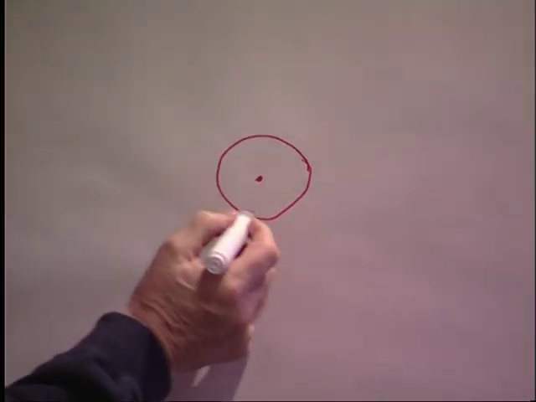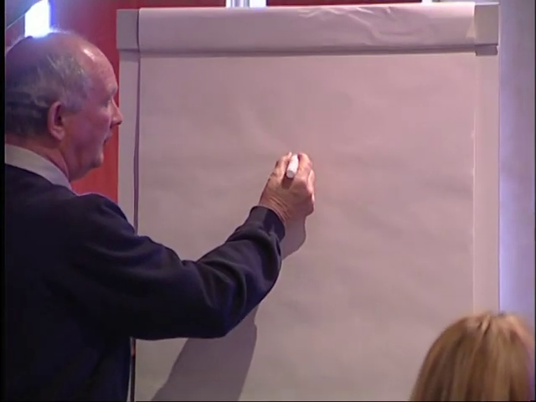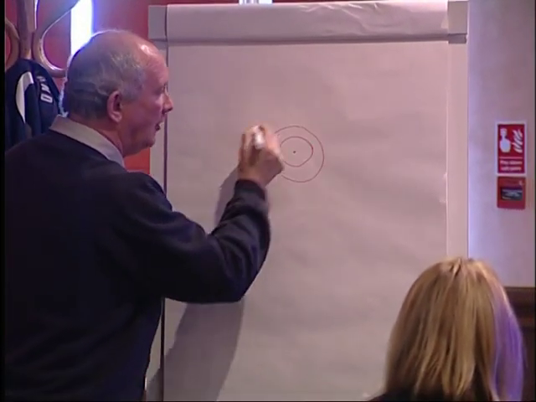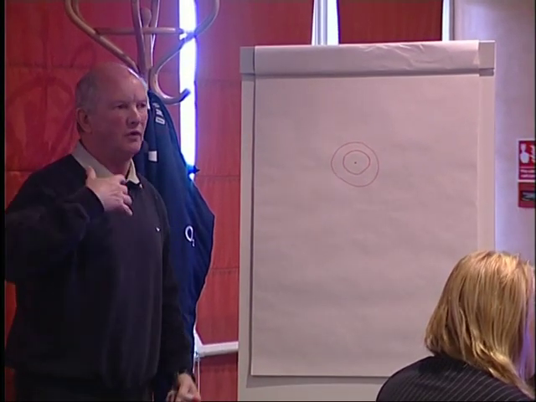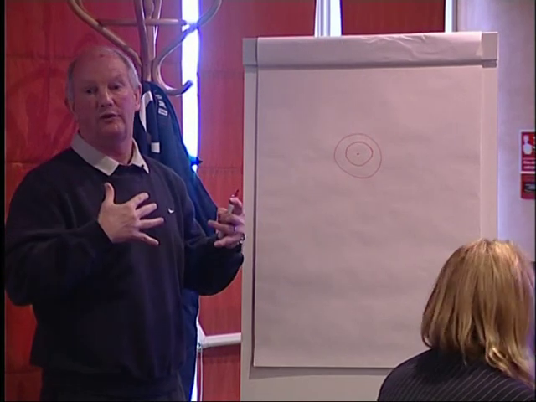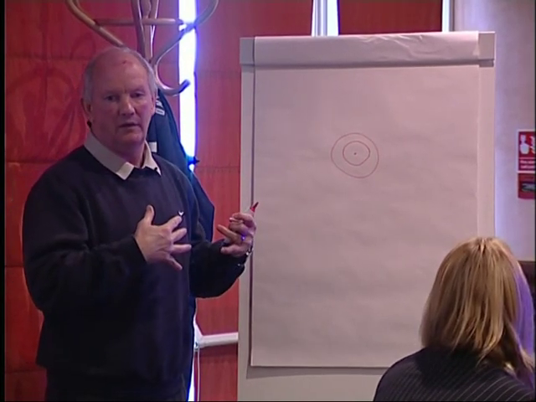If the ball carrier decides I'm going into contact for whatever reason, I'm going to ground, then maybe the next couple of players form that ring there, saying it's my job now to make sure that we clear any opposition off the ball and protect that ball so it's available as quickly as possible. The next little ring round there might be the guys in the 9, 10, 12 channel. They're the decision makers. Now we've won the ball, what are we going to do next? Where do we play next?